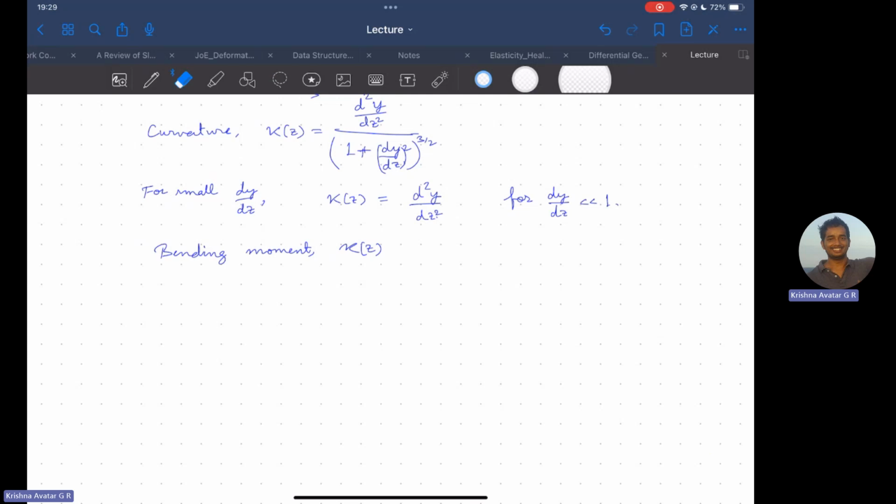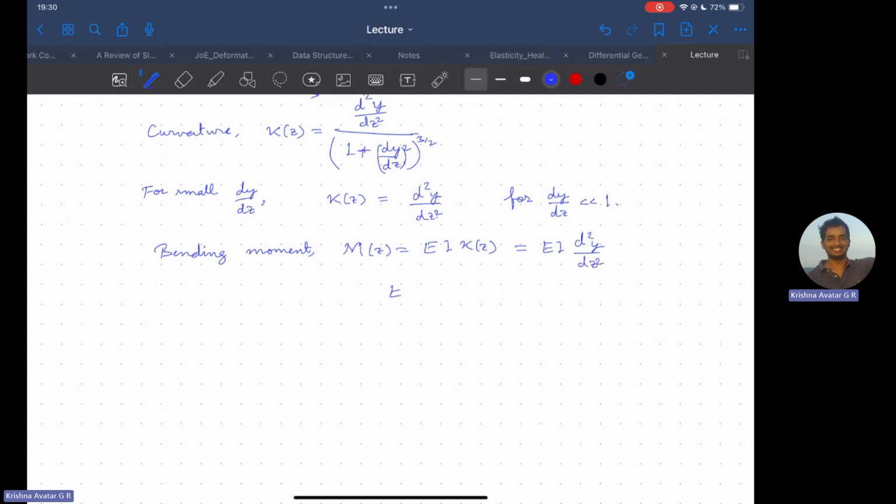Okay, so bending moment M of z is equal to EI kappa of z. And this is nothing but just EI d square y by dz square.